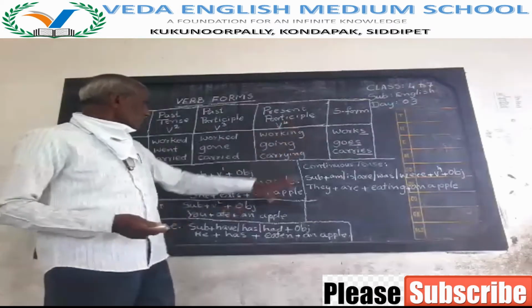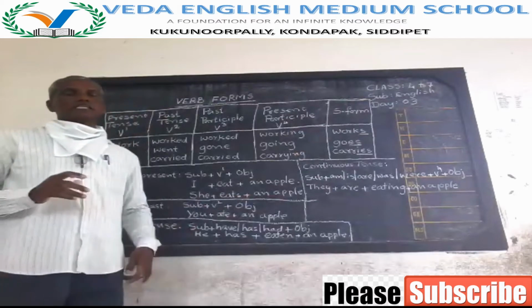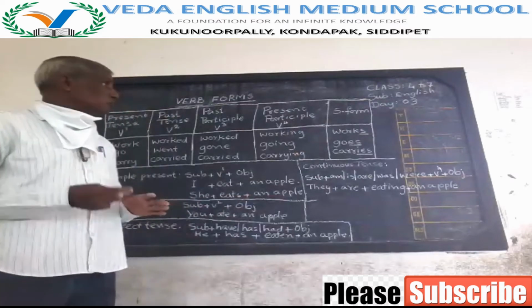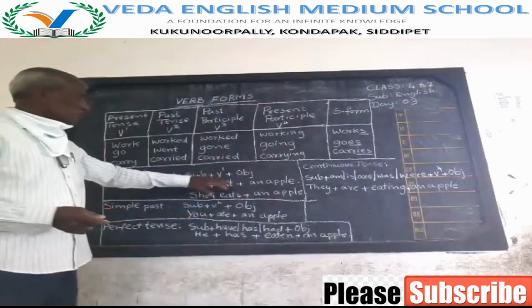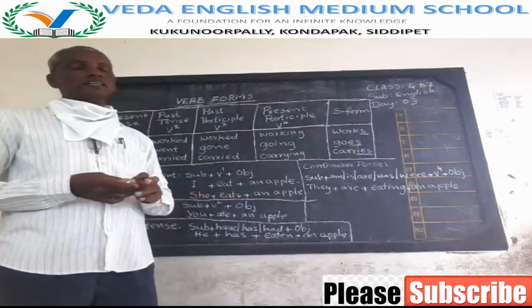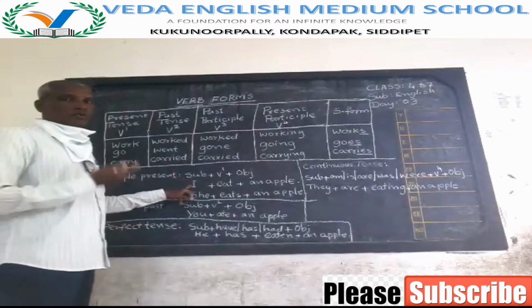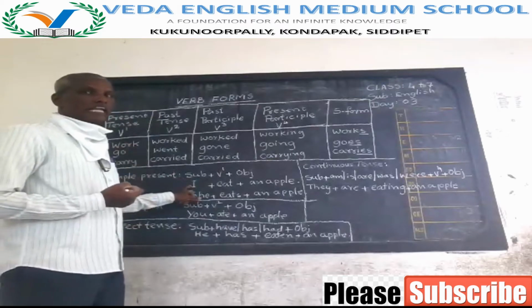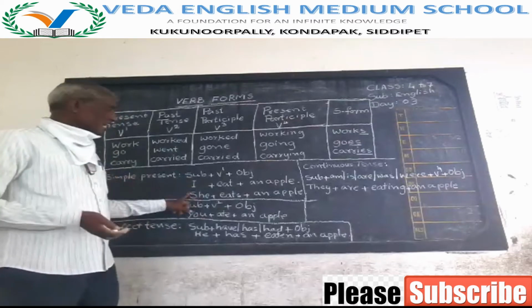That's why S forms are only for this. Only for third person singular in the present tense we use S forms. So V1 we use for other persons: first person, second person, and third person plural. So I eat, we eat, you eat, and they eat. Whereas he eats, she eats, and it eats.